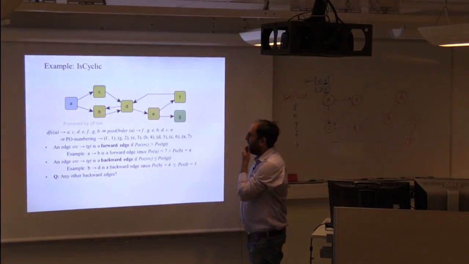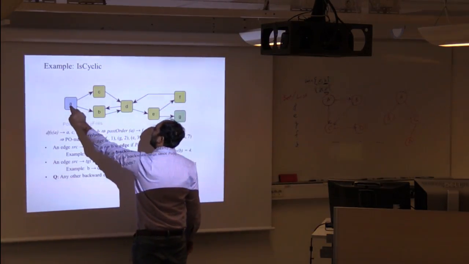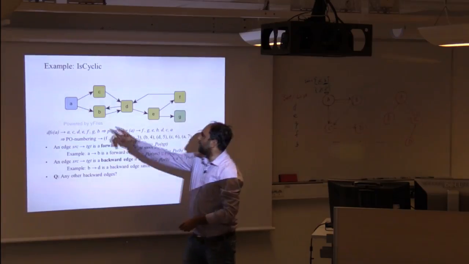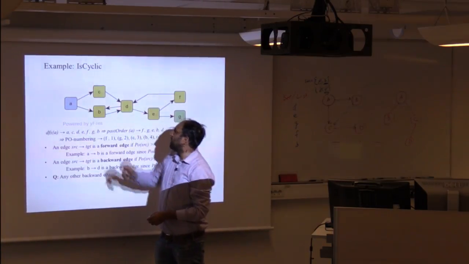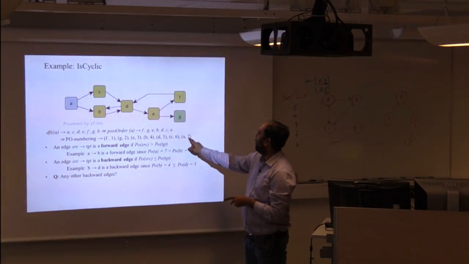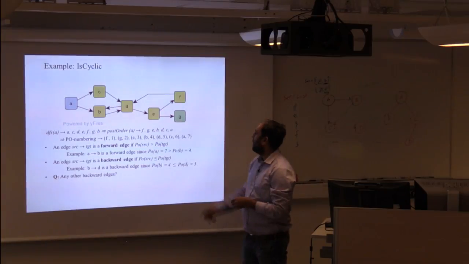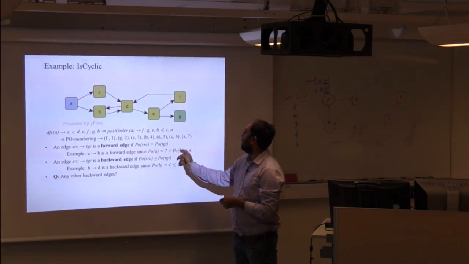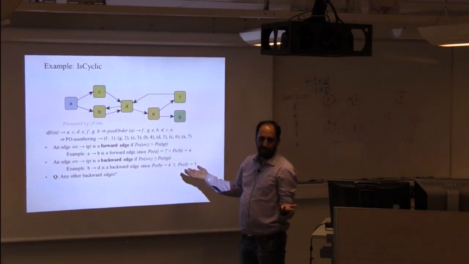The example given is here. If you check A and B for this edge, what is the post order number of A? 7. And what is the post order number of B? It's 4. And since 7 is greater than 4, it's a forward edge.